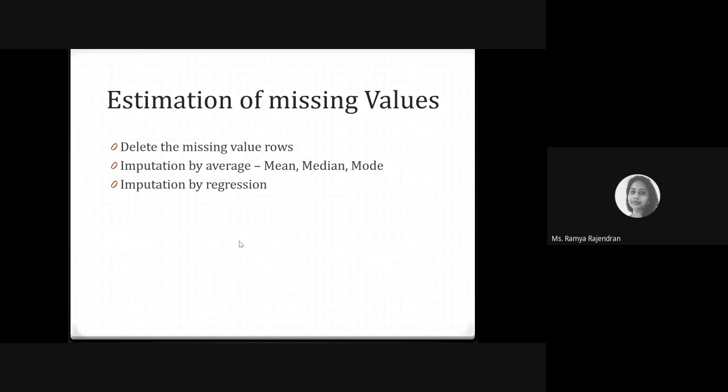Yes, it is possible. It actually depends on how much the missing values are important for your problem. All these methods can be used.